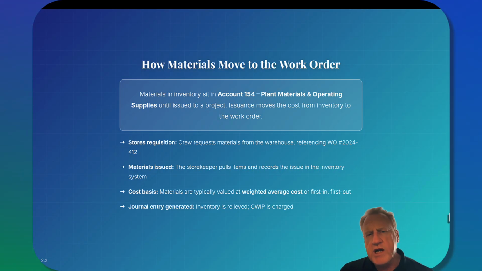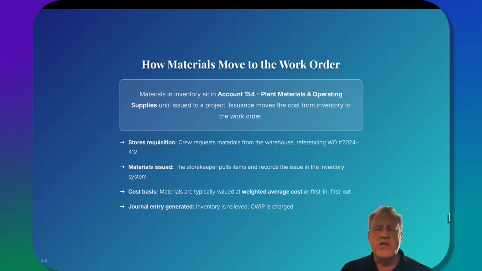So then the storekeeper or the crew goes out and pulls the items and records the issue in the inventory system, through a materials issued ticket or keyed in through the interface that you have with your inventory system and your work order system. In any case, now the materials are out of 154 materials and supplies, and they are charged to the work order at the weighted average cost.